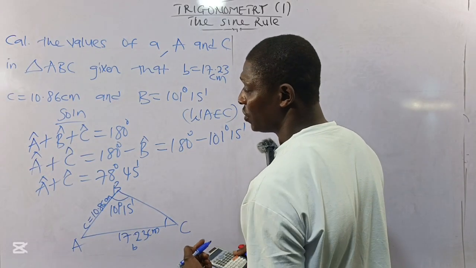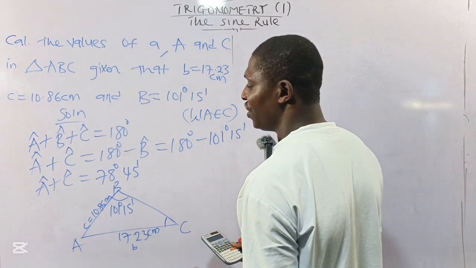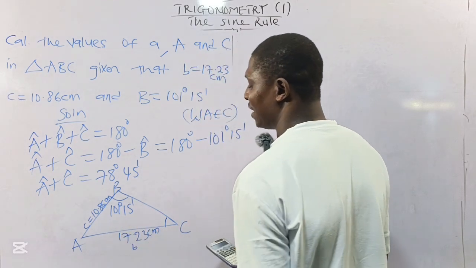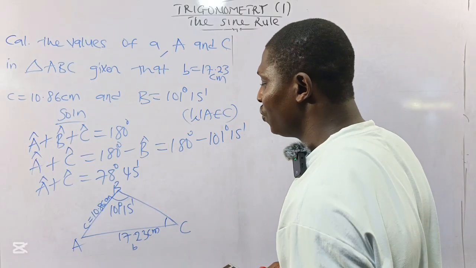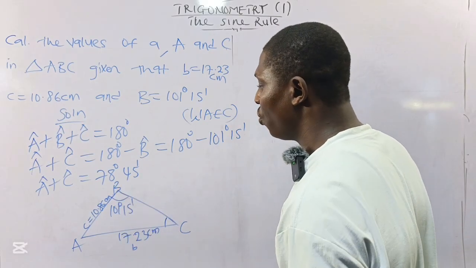And remember, the sine rule says that you can be given two sides and one of the angles facing one of the sides given, or you can be given two angles with the non-included angle.